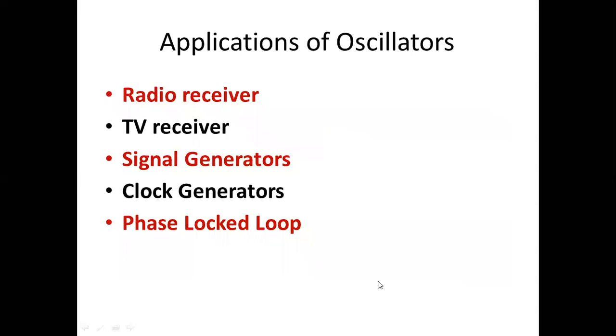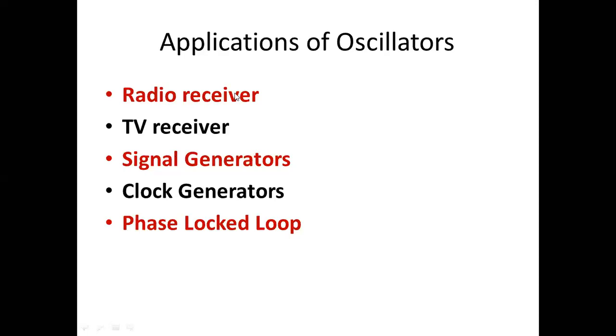As we know, the oscillator generates different signals, and due to that it is used in various applications like radio receivers for generating signals with various frequencies. It is used in TV receivers. It is also used in signal generators, which we use in different laboratories.